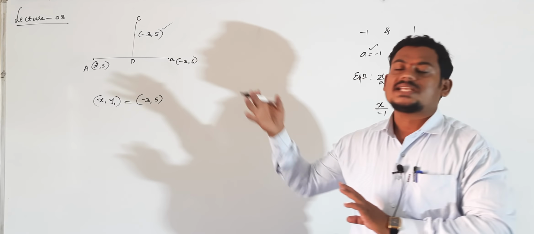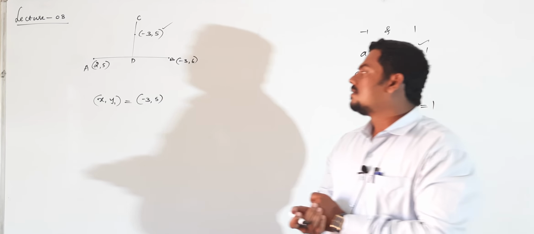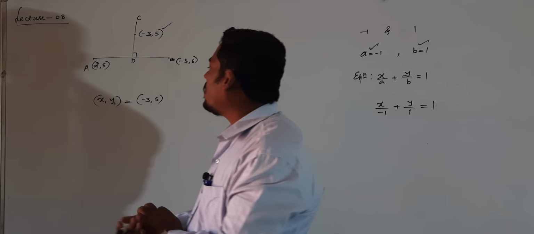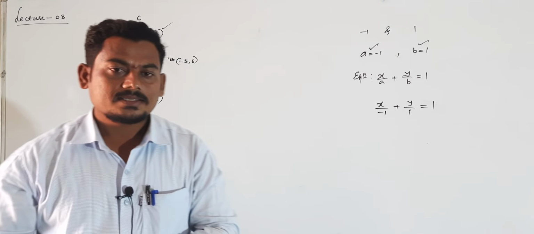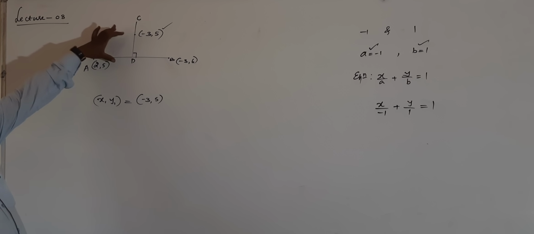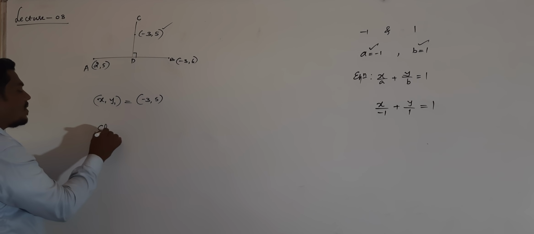But for finding equation of the line, we need slope. For finding equation of CD, we need slope of CD. But for finding slope of CD, just find slope of AB. We can find slope of AB, but directly we can't find slope of CD.